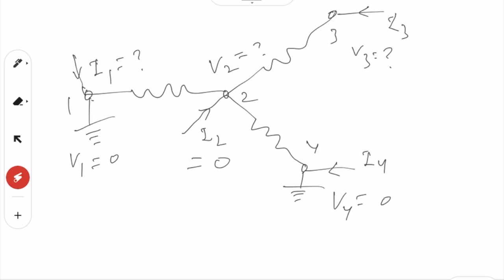Okay. So, let us make I3 in this case equal to 5 ampere. I3 equal to 5 ampere and we do not know what V3 is. So, this is the problem we want to solve.